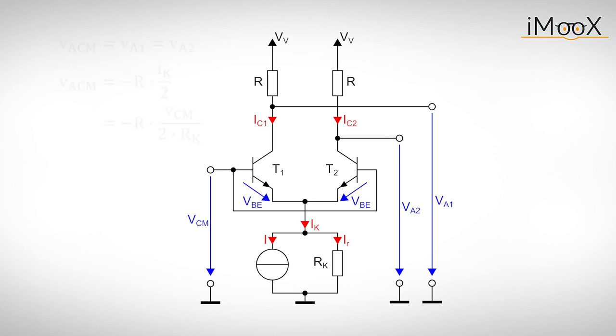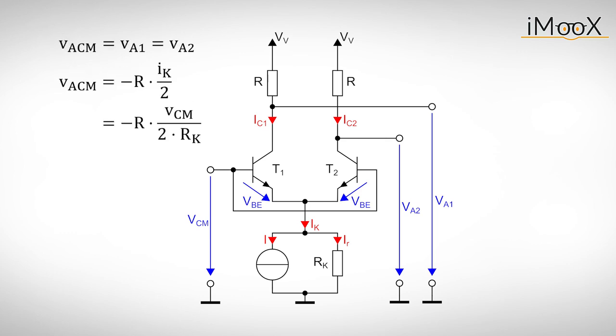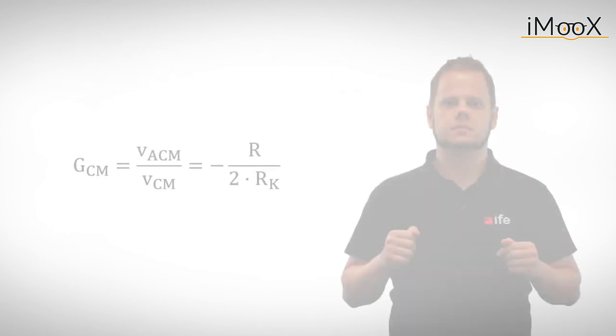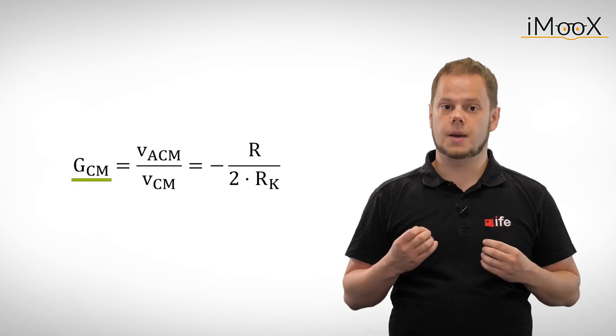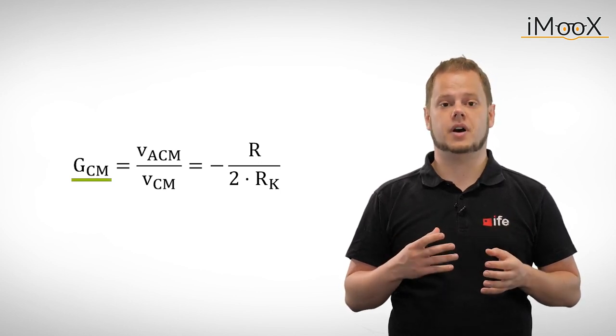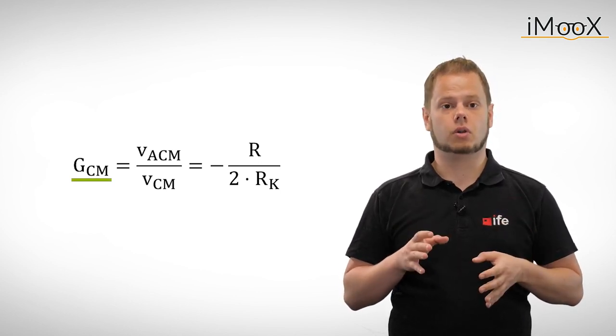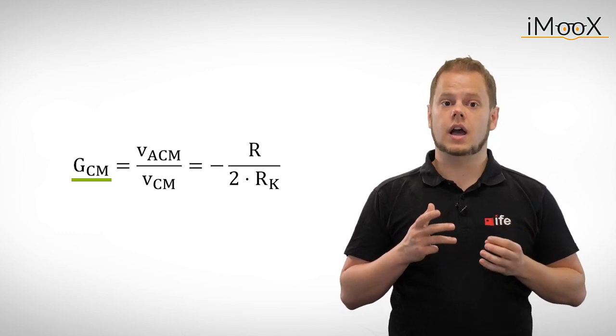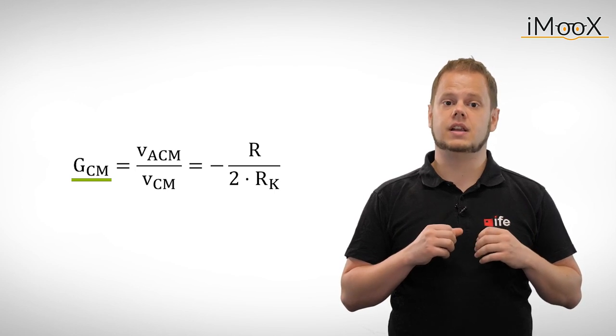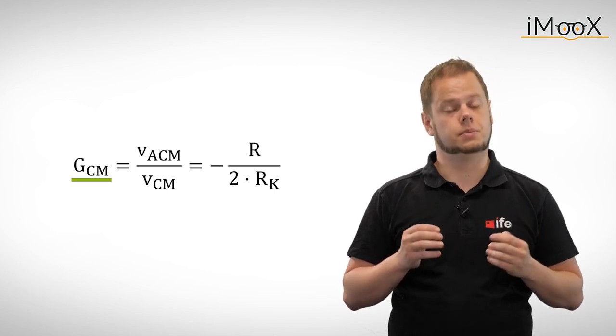Similar to before, these currents change the output voltages. This time, however, the change is the same for both outputs. This allows us to define the common mode gain GCM. A differential amplifier should have a very small common mode gain. Ideally, the common mode gain is 0, and the differential amplifier basically ignores any common mode input signals.